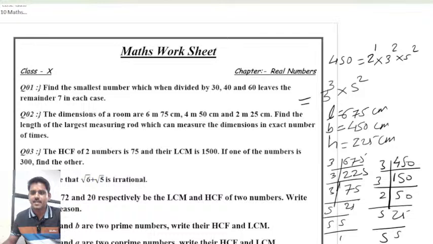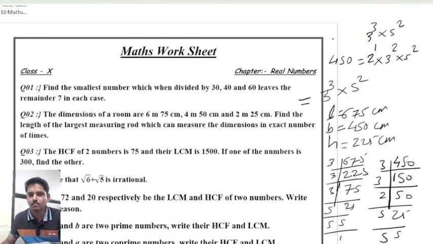Then similarly factorize 225, which is already done. So it is 3 square into 5 square. So we got all factors such as 3 cube, 5 square, the factorization of 675. Then 225 is the same as 3 square into 5 square.